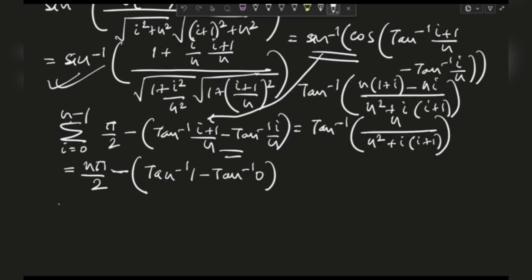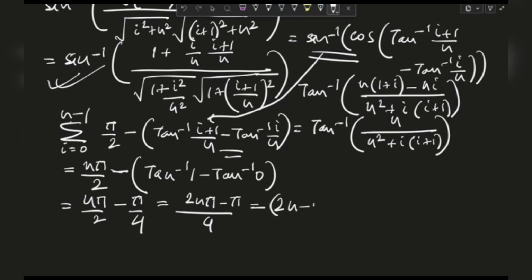So basically if we write this, it is n pi by 2 minus pi by 4. And for our desired form, if we take the LCM, this becomes (2n pi minus pi) by 4, so your (2n minus 1) times pi by 4. This was our desired form. So lambda is basically 4.